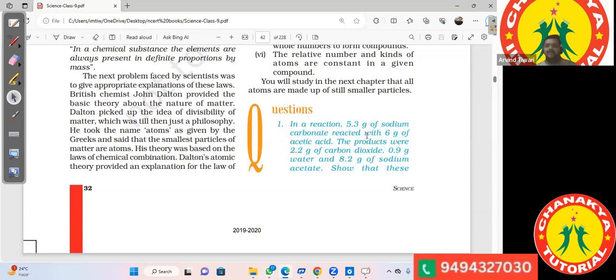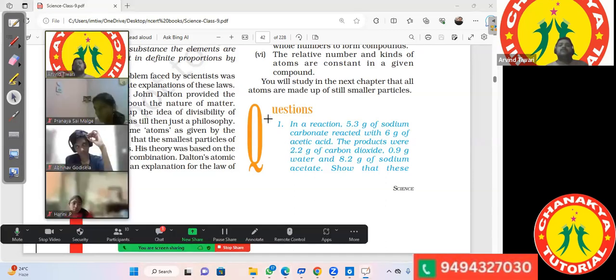In a reaction, 5.3 gram of sodium carbonate reacted with 6 gram of acetic acid. The products were 2.2 gram of carbon dioxide, 0.9 gram water, and 8.2 gram of sodium acetate. Show that these observations are in accordance with the conservation of mass.